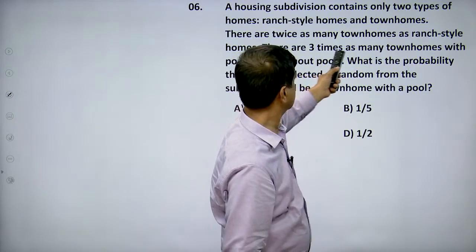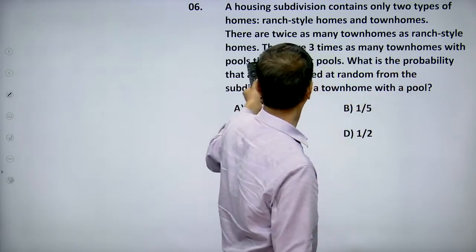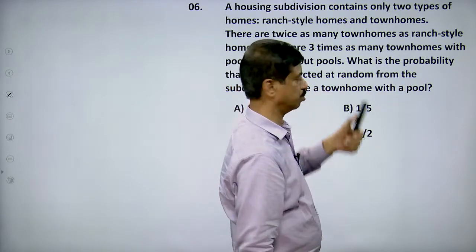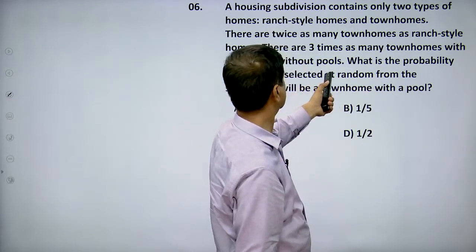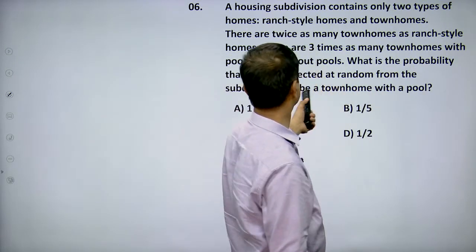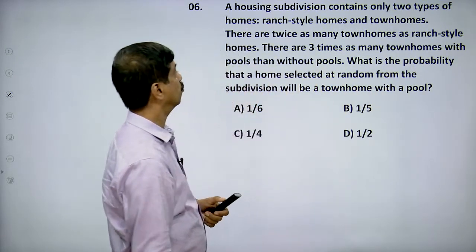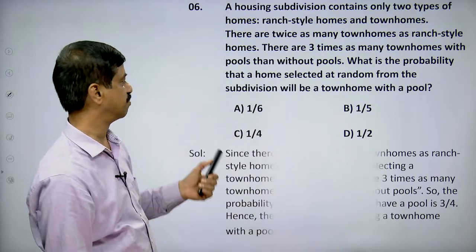So now there are 3 times as many town homes with pools than without pools. Right, children? What is the probability that a home selected at random from the subdivision will be a town home with a pool?